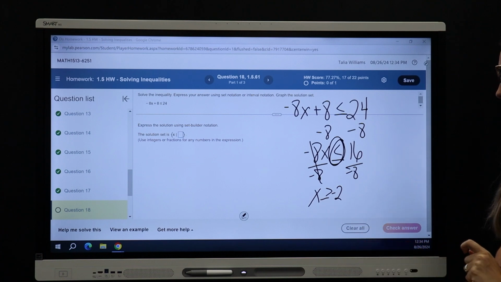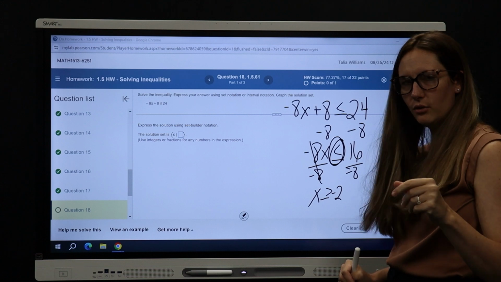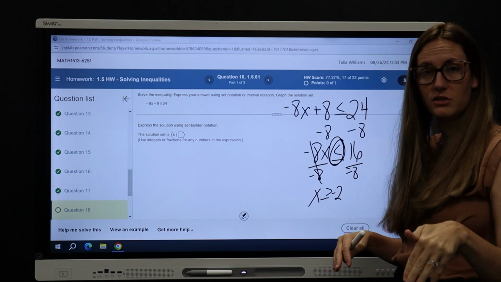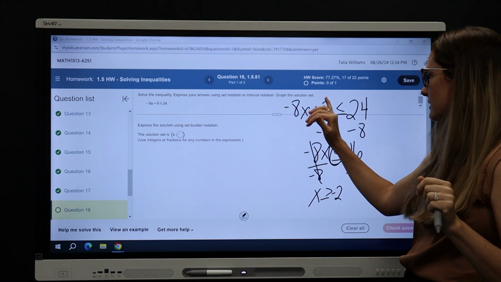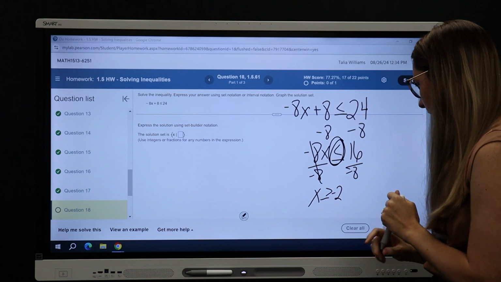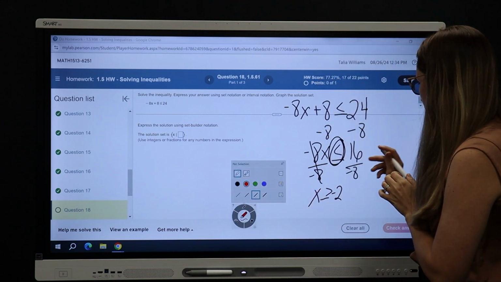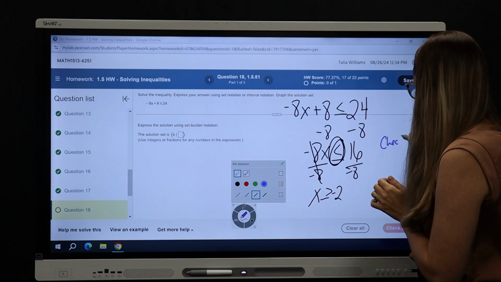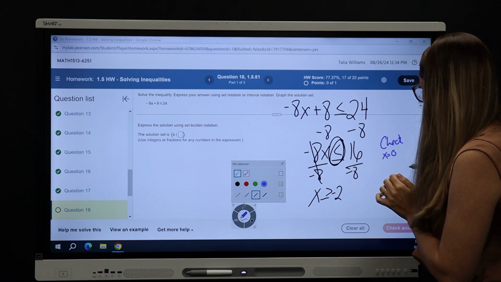If we wanted to check this, a number greater than negative 2 is what we need, so let's do 0, because 0 is greater than negative 2. I'm going to do this one in blue. Check, and we're going to say x equals 0.